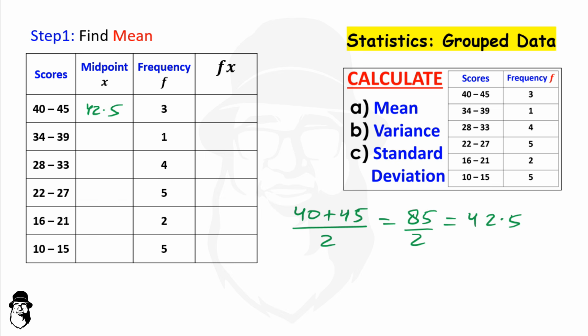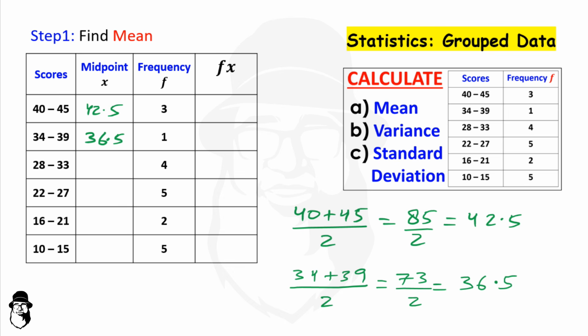We have 34 plus 39 over 2, so it will be 73 over 2, that is 36.5. And you will know that always it will be the difference of 6 points if you do with every class.